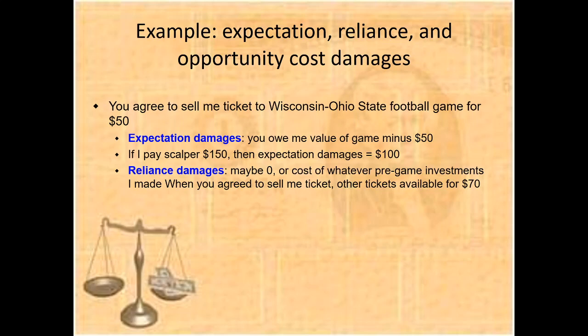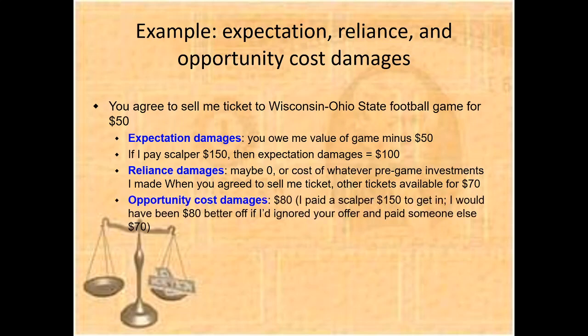Reliance damage may be zero, or the cost of whatever pre-game investment I made. When you agreed to sell me the ticket, another ticket available was $70. So what was actually the opportunity cost? The $80 I paid the scalper $150 to get it, and I would have been $80 better off if I had ignored your offer and paid someone else $70.